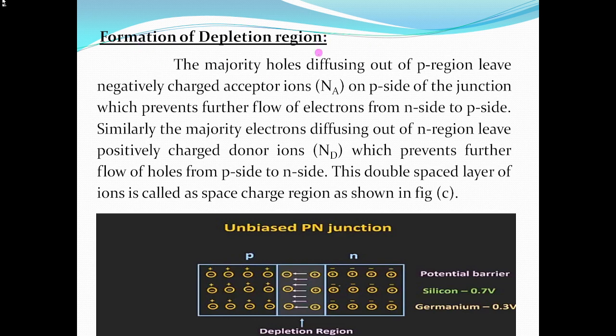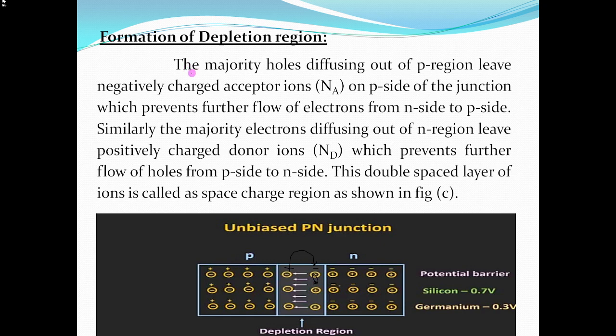How is the depletion region formed? Now see here, what happens? Electrons and holes recombine, and they produce light or heat. So here there are no more electrons and holes, meaning mobile charge carriers are not present.